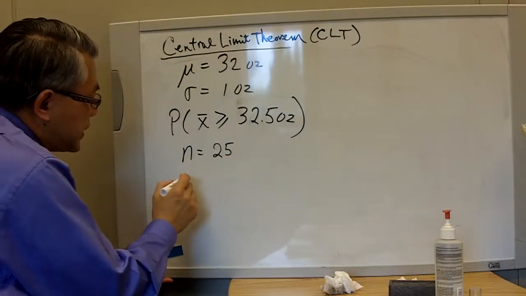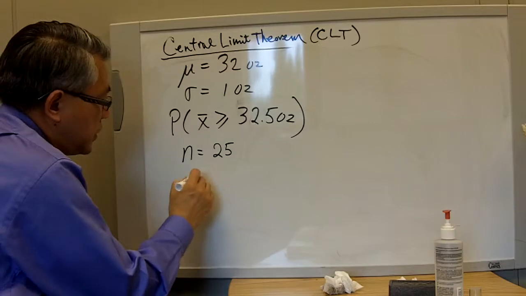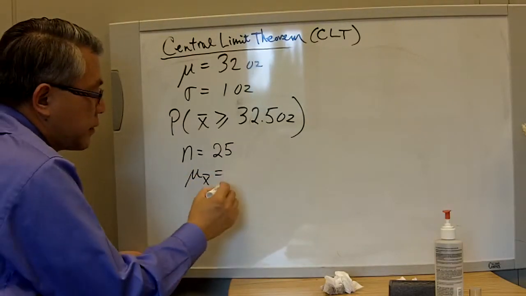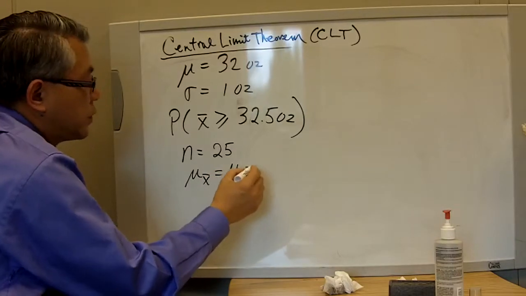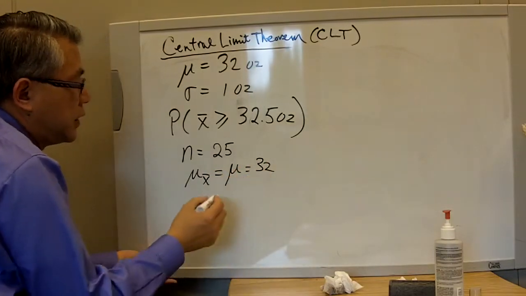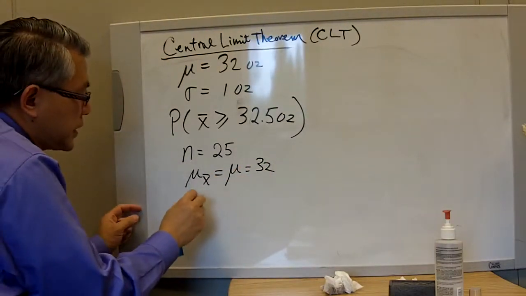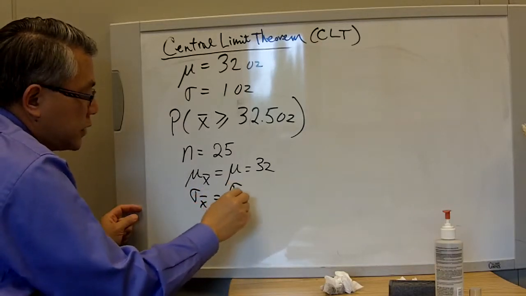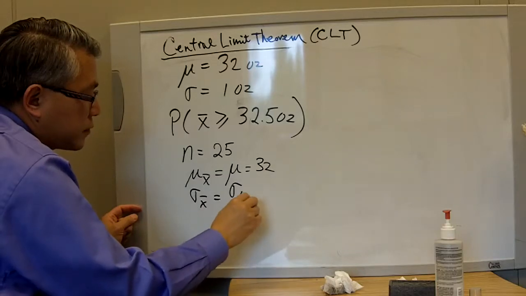turn some parameters around, so the mu x bar, according to the central limit theorem, is the same as mu, which is equal to 32. So that doesn't change. But the standard deviation of x bar is equal to standard deviation divided by square root of n.